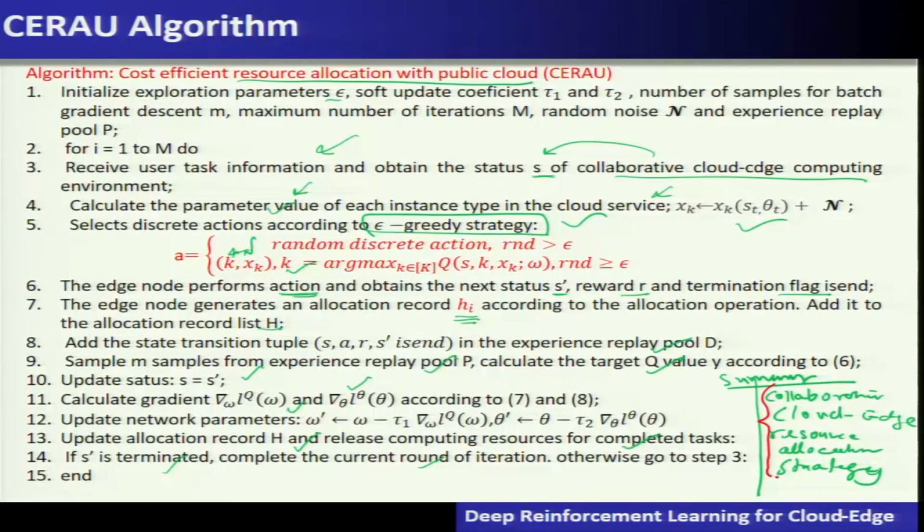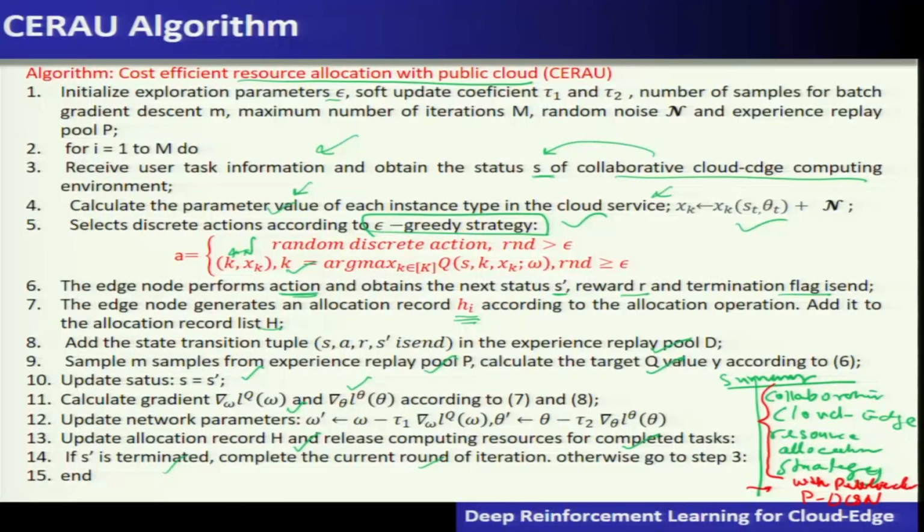We have seen that if you are using a public cloud, then this particular problem is called a parameterized problem. Why? Because different types of public cloud offerings are available. Therefore, PDQN is used in this particular case.